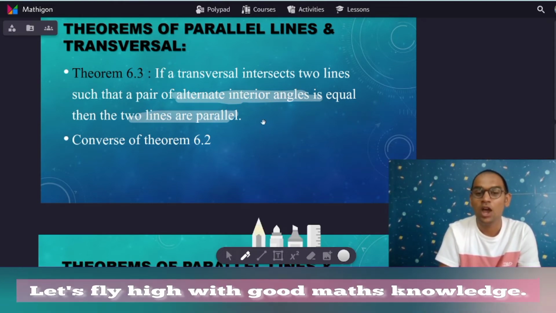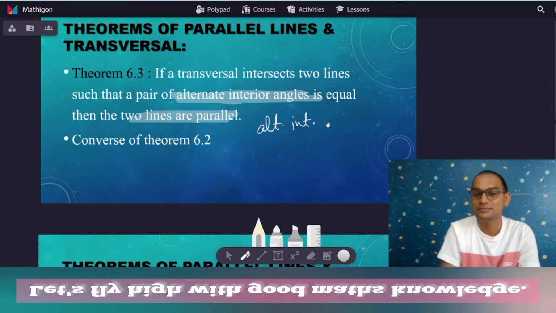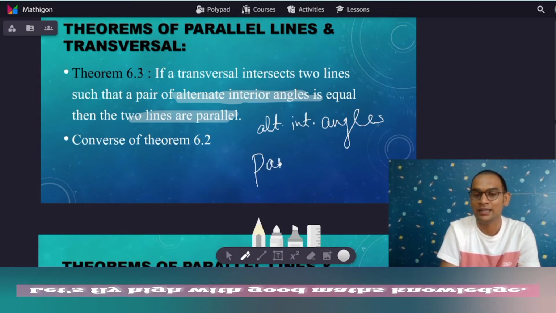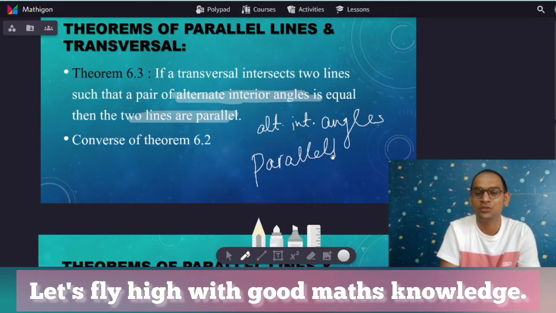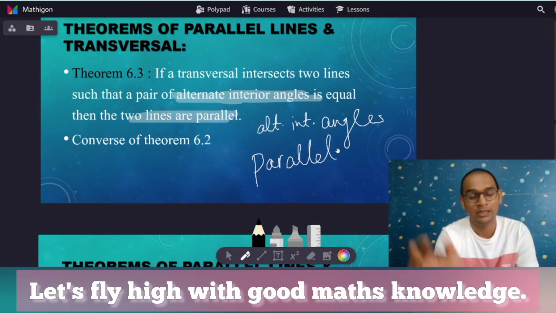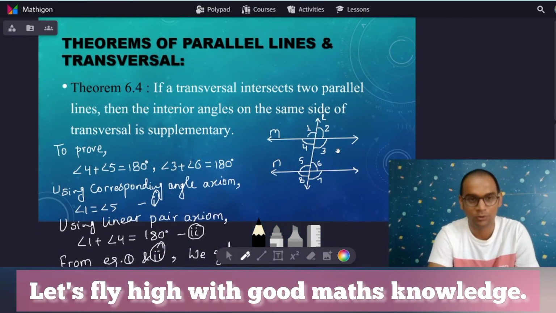The condition is alternate interior angles are equal. This is the given condition. What is the result? The result is parallel lines. It's just the opposite of the previous theorem, and that is why it is called the converse. Opposite means the conditions are swapped and the result is the other way around.